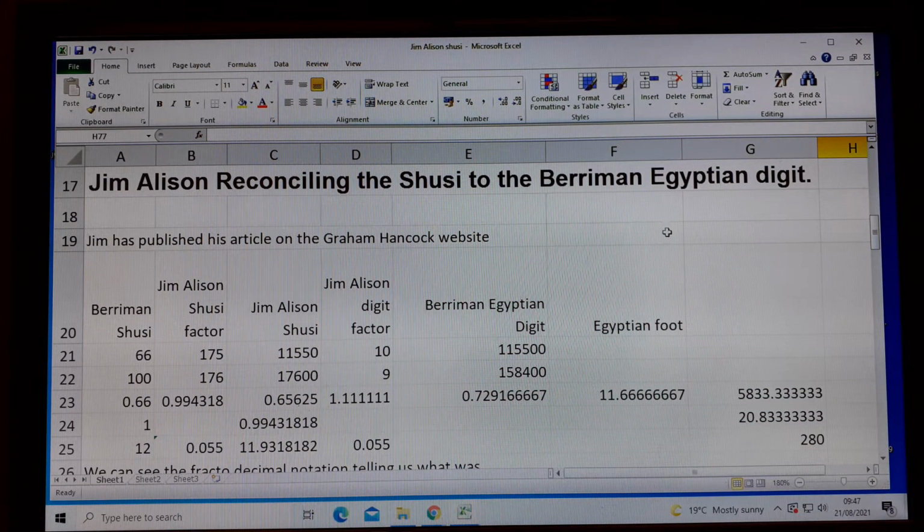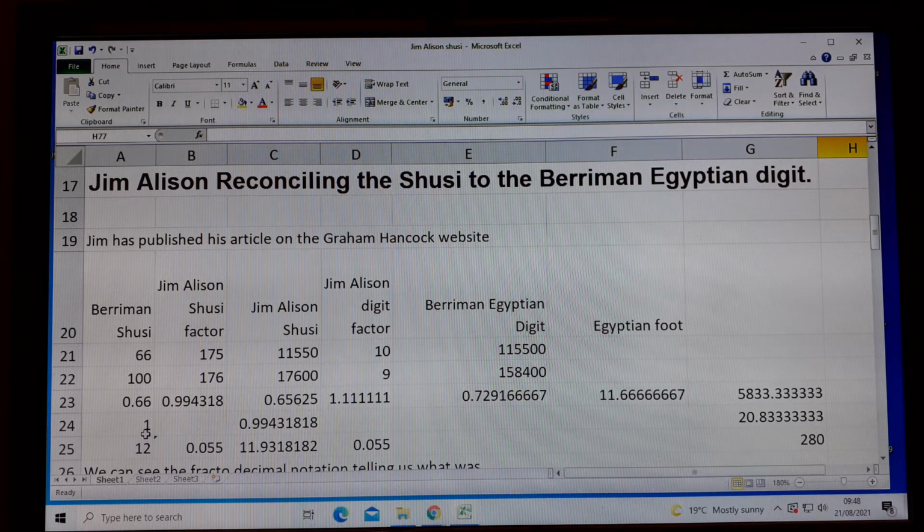I'll go through it again. The Shusi in Jim's book is 66 over 100, 0.66 imperial inches, where 1 imperial inch and 12 imperial inches make a foot.